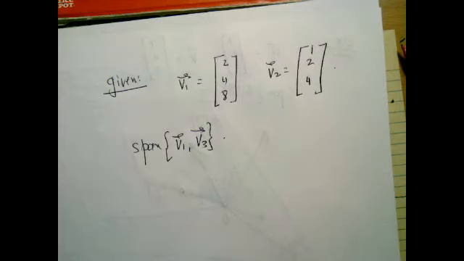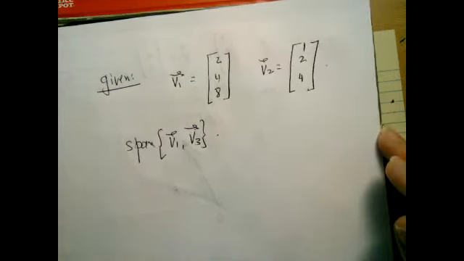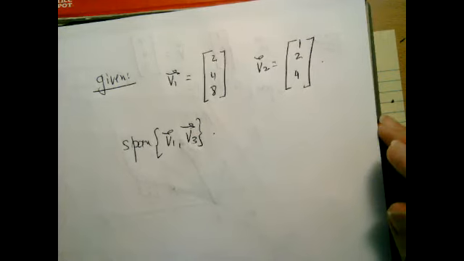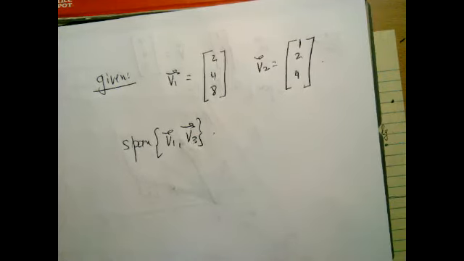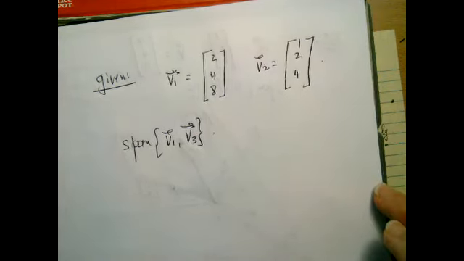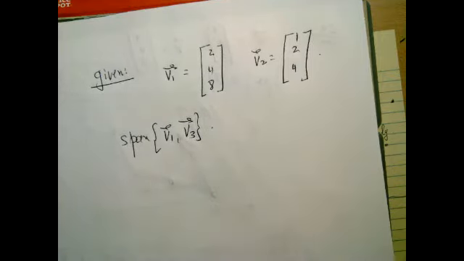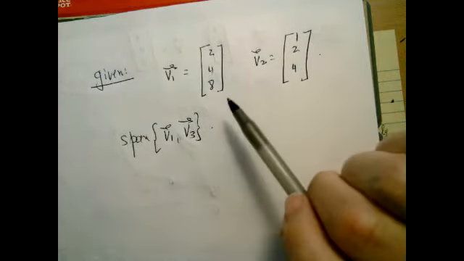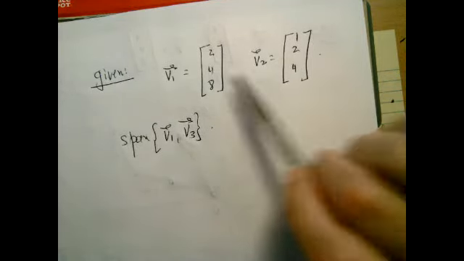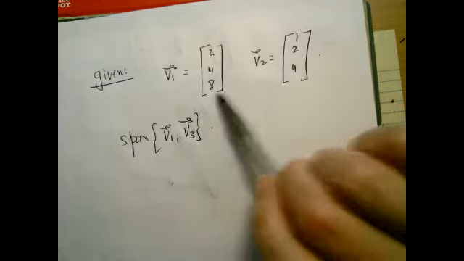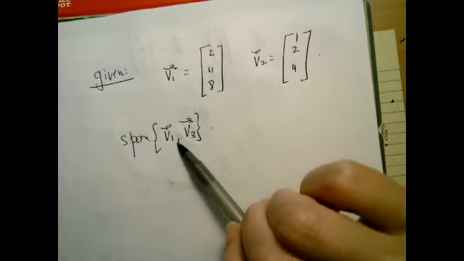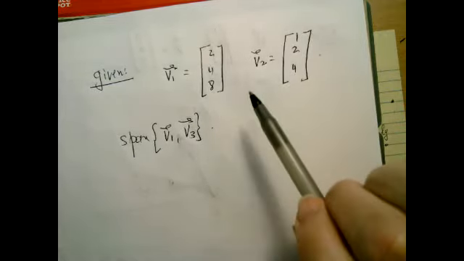So back to you, do you think the span is going to be a line? Sorry, is the span going to be a plane? I already gave up my answer. No, exactly. So whenever you have vectors, even if they are two, we don't jump immediately and say it is a plane because I said so in class.